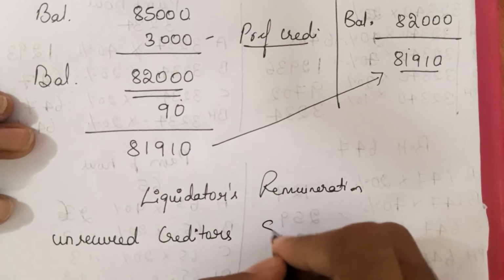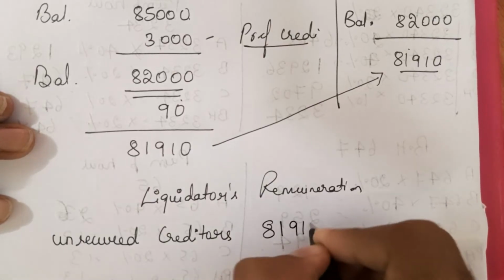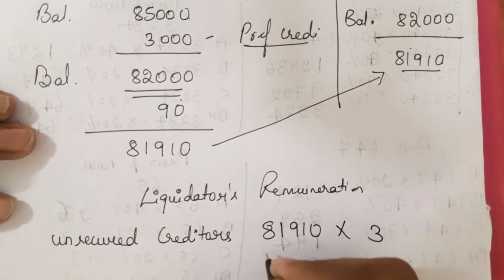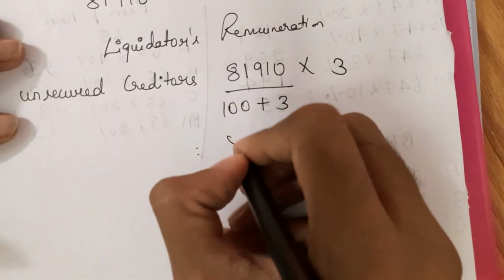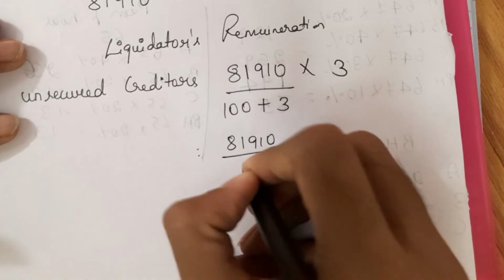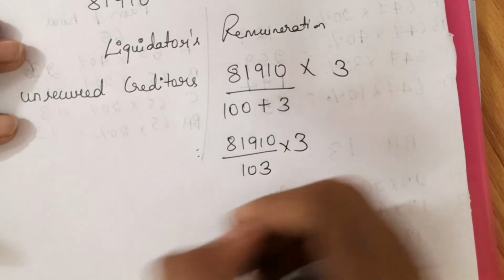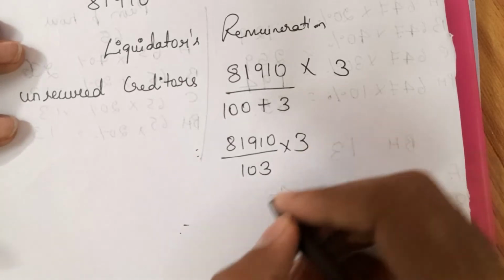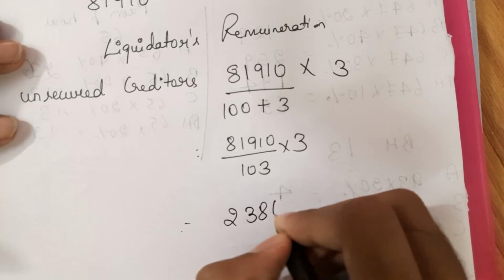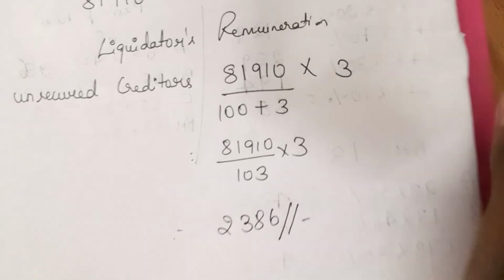What is the amount available? It is 81,910 into 3 divided by 100 plus 3, which is nothing but 81,910 divided by 103 into 3. So 81,910 divided by 103 into 3 will be 2,386 rupees, the remuneration.